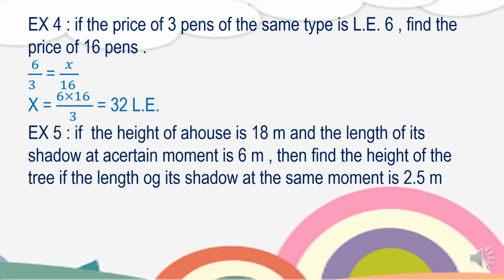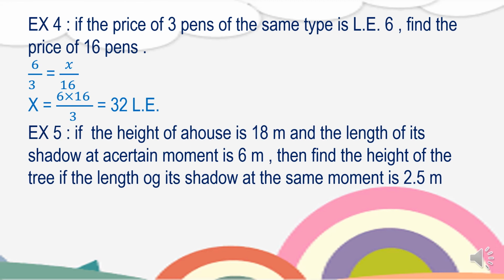Exercise number 5, and this is an important exercise. If the height of a house is 18 meters and the length of its shadow at a certain moment is 6 meters.